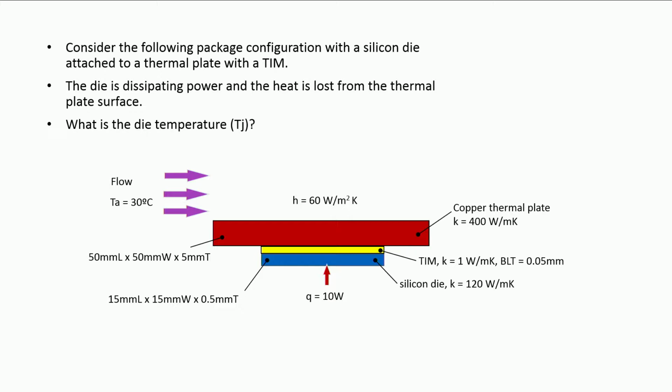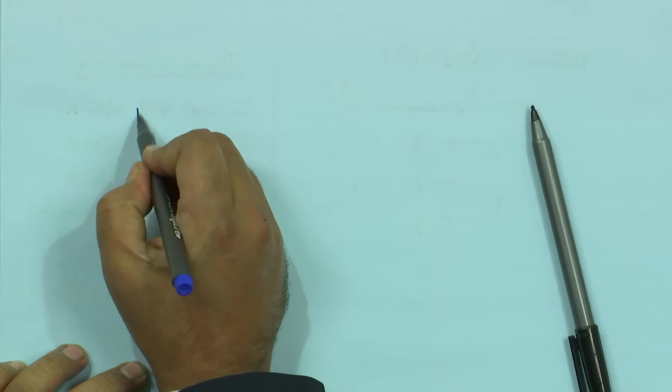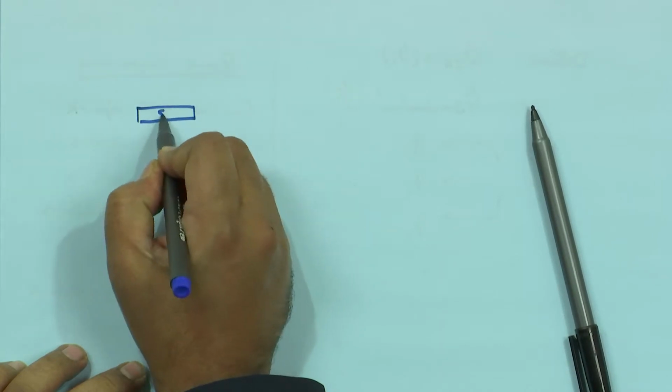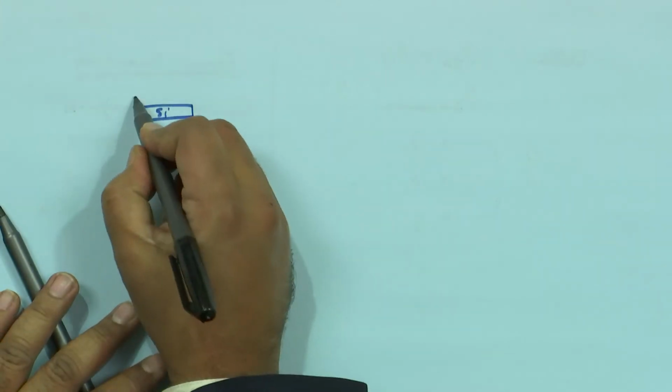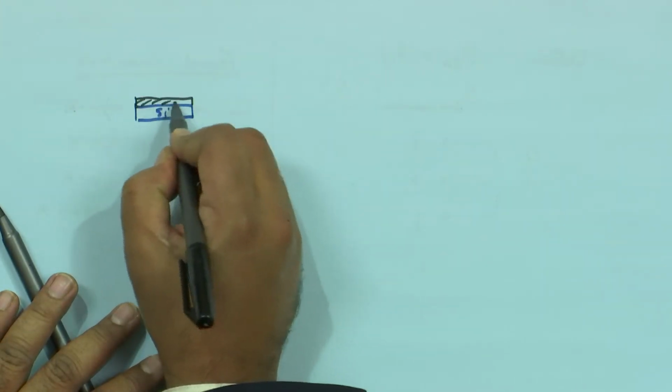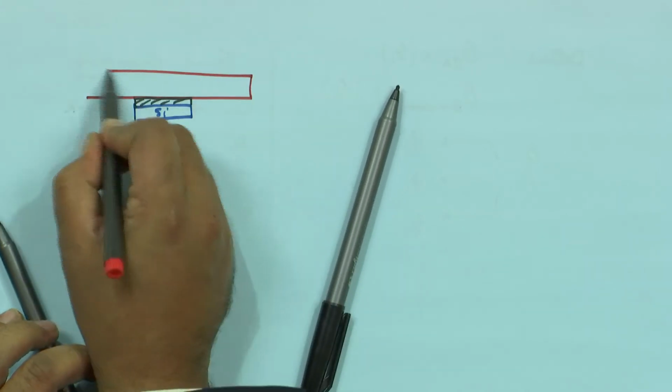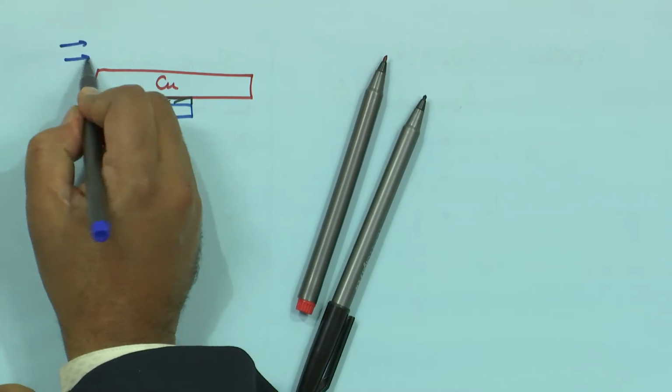First thing, I am not showing any other path over here. The color used is blue for the die, so this is my silicon. Then I have a small layer of thermal interface material, TIM, then the copper plate, and then air flowing at the top.